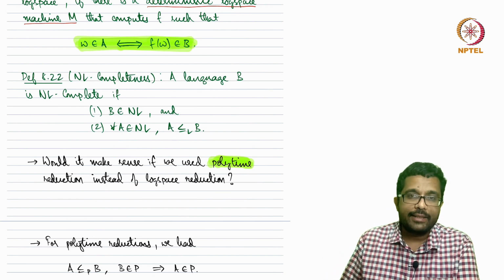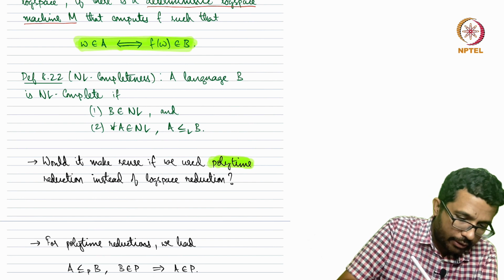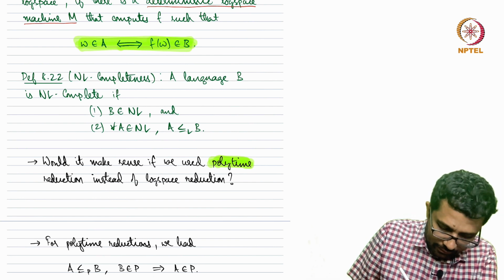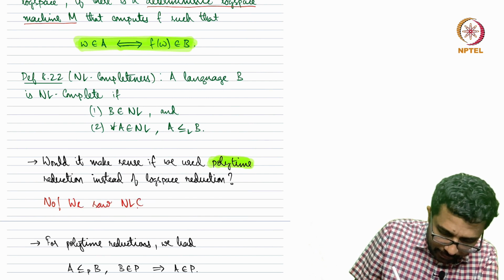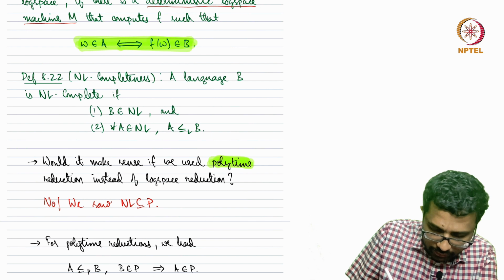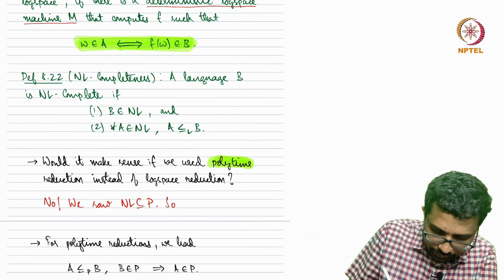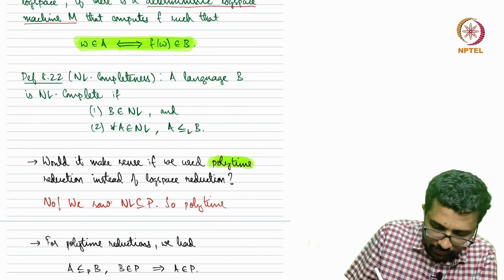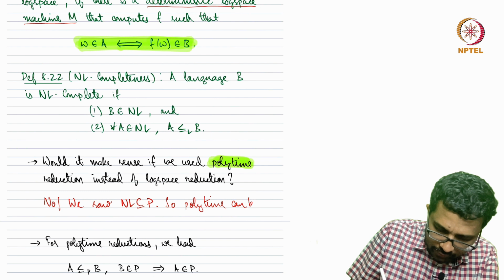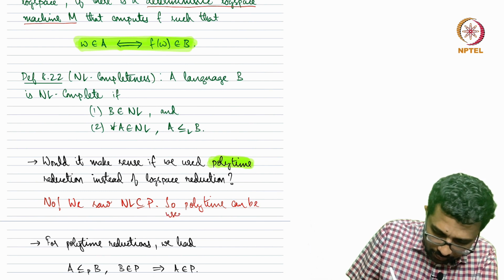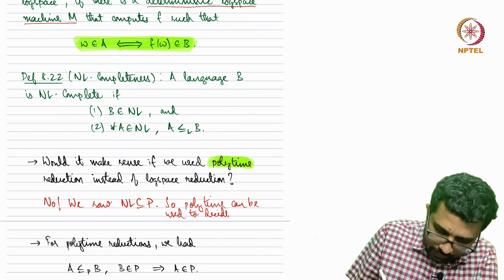But if you have a polynomial time machine available to do the reduction, NL is contained in P. We saw it in the previous lecture, so maybe I'll just note it here. So no, we saw NL is contained in P, so polynomial time can be used to decide.